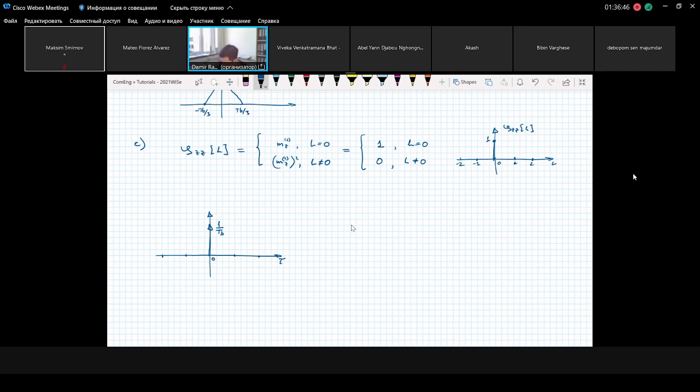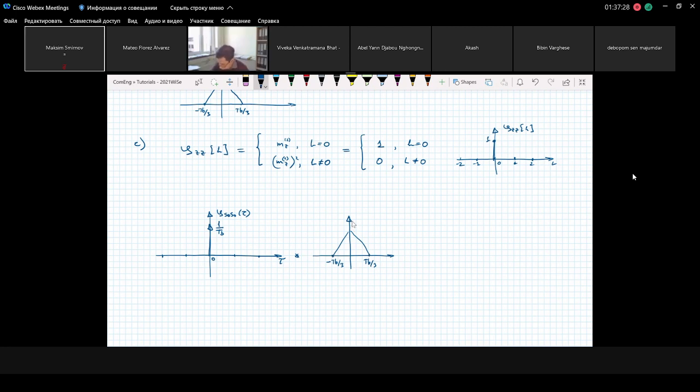This is the autocorrelation function of SD of tau. And then we can calculate the autocorrelation function with the pulse shape autocorrelation function and find how the resulting autocorrelation function of the whole sequence of symbols will look like. So it was a triangular function centered at origin, and that goes from -TB/3 to TB/3.